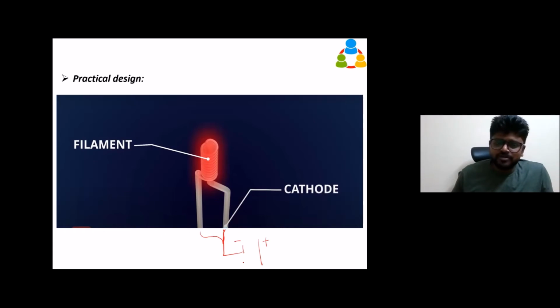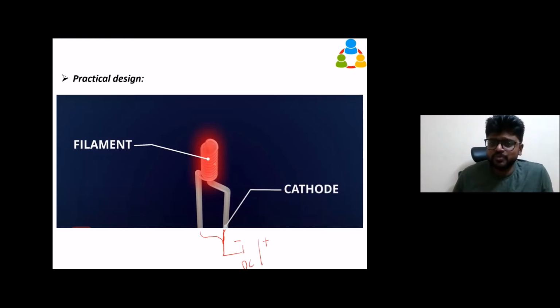So this is a high DC voltage, and this negative terminal is going to supply electrons towards this cathode. And because of the heating of this filament, only this coil is going to heat because it's made of tungsten, which means high resistance.